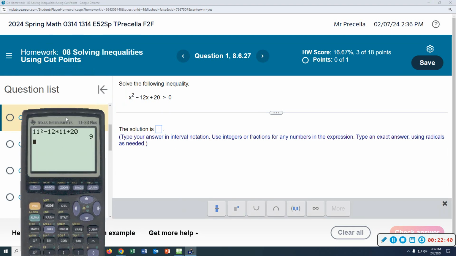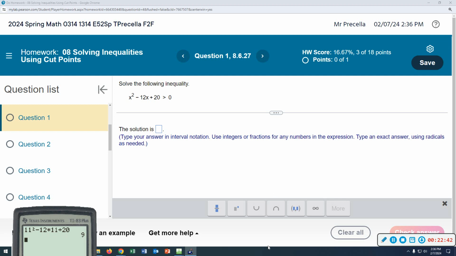Parentheses, negative infinity. Don't hit any spaces. Comma, 2, close parentheses, union.